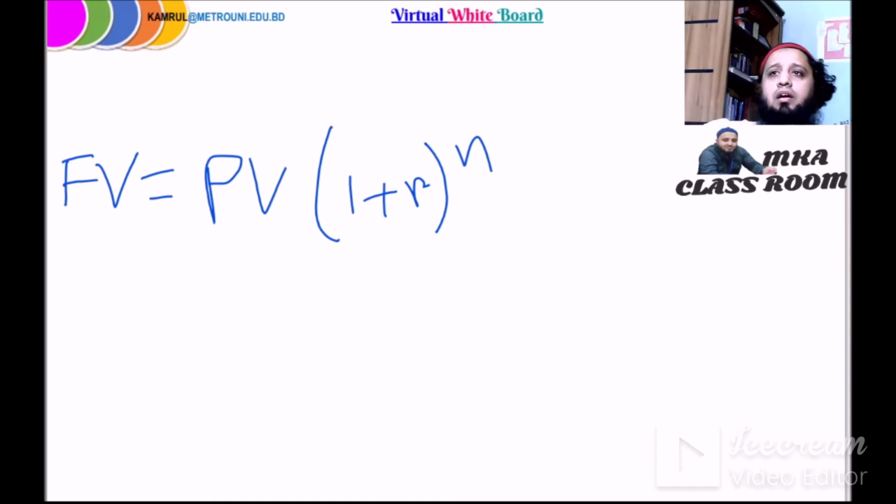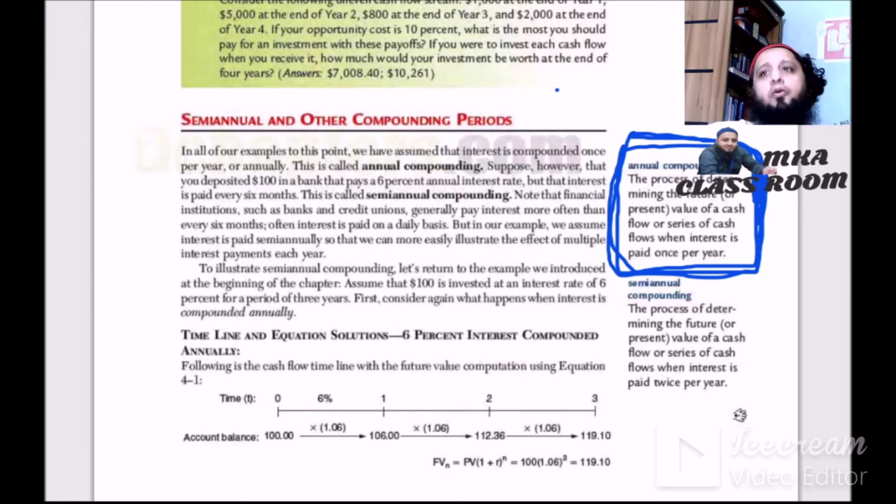But now come to this point, that is our discussion is now starting. More than annual compounding or more than annual discounting, more than once per year. Till now we were talking in previous sections about annual compounding or annual discounting.